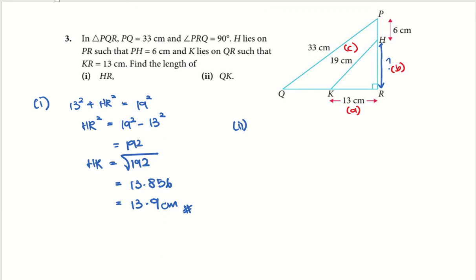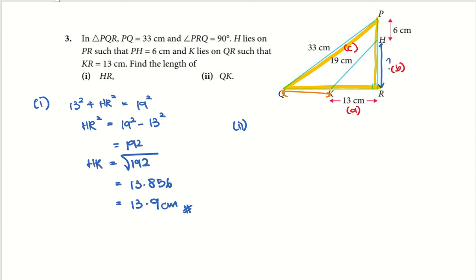We take a look at part 2 for QK. Part 2 asks you to find your length QK, which is over here, the one I have highlighted in orange. In order to find the length QK, you should understand that QK cannot be found directly, but we can do so by finding my entire length QR. And how can I find QR is if we take a look at your 90-degree triangle PRQ, the one highlighted in yellow.